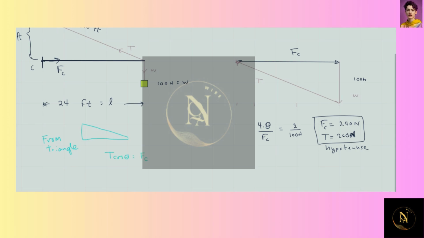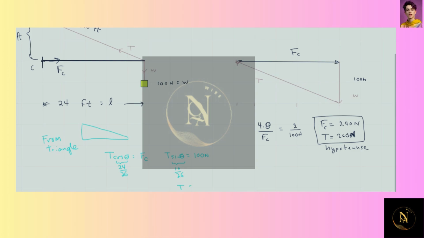And T sine of theta is equal to 100 newtons. And from the drawing, the cosine of theta is 24 over 26, the hypotenuse. And the sine of theta is the 10 over the 26. So we can basically work with those two equations and come up with both the tension and the force of the compression.